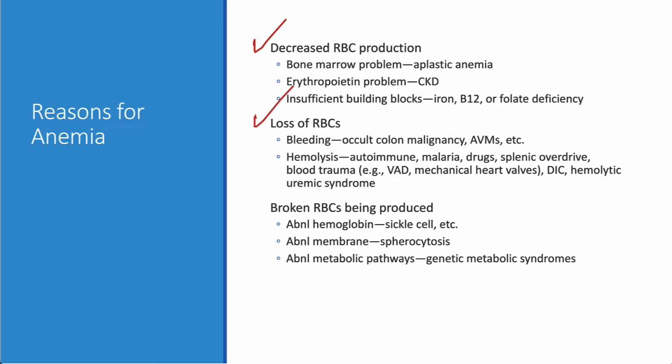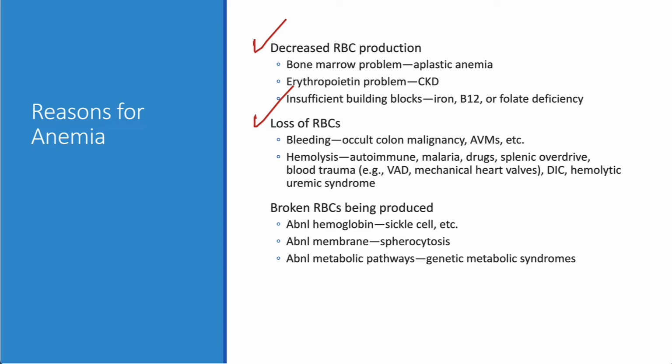So bleeding from occult malignancy or hemolysis. Maybe there's an autoimmune hemolysis going on. Maybe the patient has malaria, which, if you remember, the malaria organisms, plasmodium, something or other, use red blood cells to reproduce, and so there's hemolysis that happens in malaria. Drugs can do it.